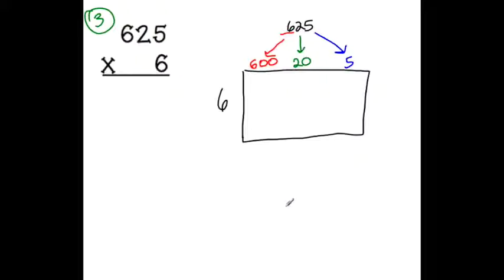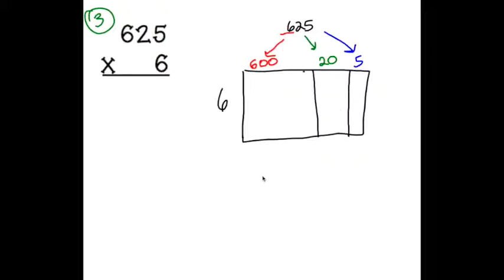Okay, so how am I going to divide up this rectangle? Well, if I imagine that this is 5 squares, I would say they're probably a little smaller, right? And if this was 20, it'd be bigger than the 5, so maybe a little bigger than the 5. And the biggest one should be the 600, right? So let's scoot this guy over. And it doesn't matter if we're exact, we're just imagining. 5 is the smallest, then 20 is a little bigger, then the 600 is the biggest.